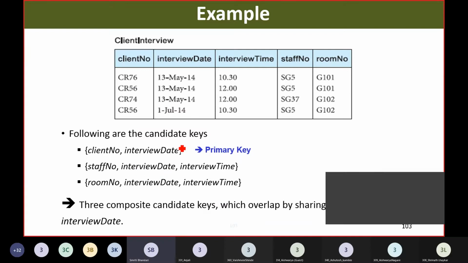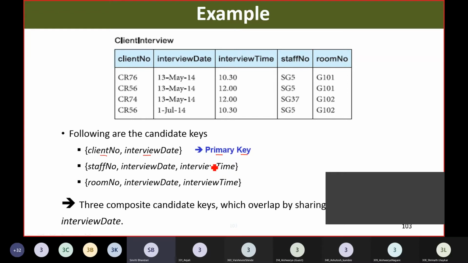Just look at it. We have identified a few candidate keys based on the information that has been provided. So, for this relation, we have identified that client number, interview date would be our primary key. Further, we have several other candidate keys as well for this relation.